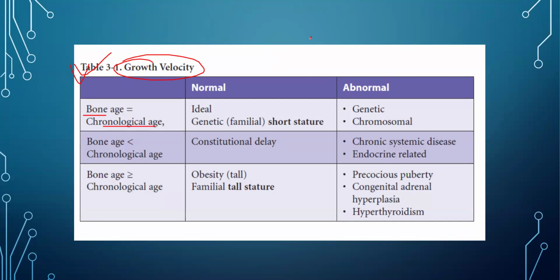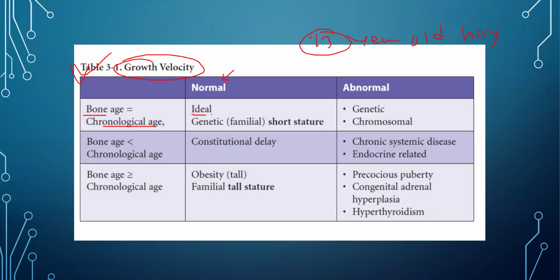Chronological age means, for example, a 13-year-old boy coming with his parents because of delayed puberty. So 13 years is the chronological age. Then you do an X-ray of the wrist to find out the bone age. Normally, bone age should be equal to chronological age.